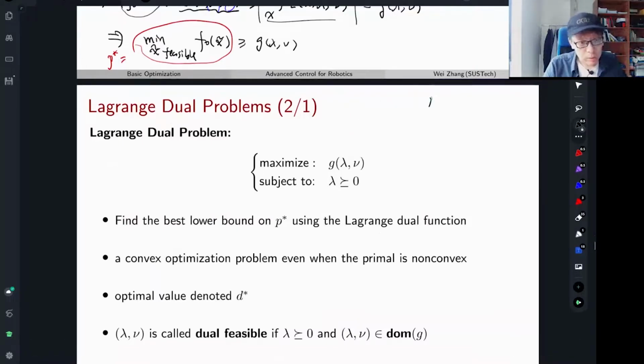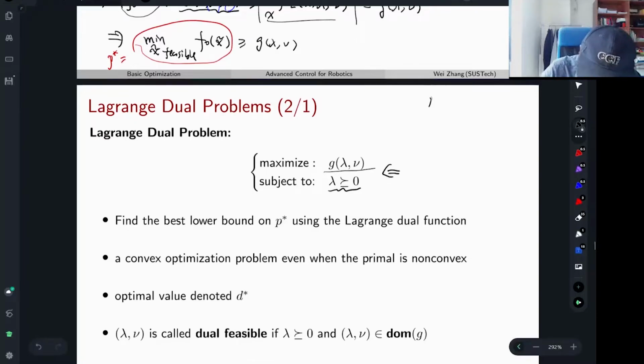The Lagrangian dual problem is just trying to maximize the dual function subject to the dual feasible variables, which is only about lambda, the inequality-related multipliers. You can think of this as finding the best lower bound of P star using the Lagrangian dual function, because each of these is less than P star. You want to maximize this lower bound. Eventually, you hope you reach P star. That will be called the zero duality gap, right?